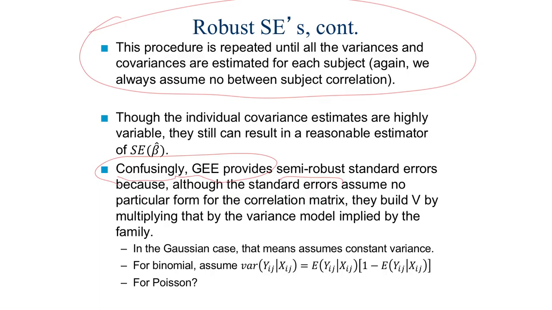They actually do assume the variance can be derived from the actual underlying family, whether that's linear with constant variance, binomial variance in the logistic case, and Poisson variance in the Poisson case. So again, in the binomial case, it will assume the variance is based on the model. It'll estimate these, the things it estimates with the coefficients.